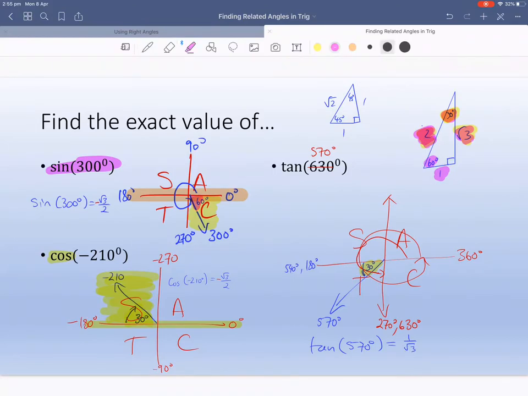Okay, so I made a few mistakes. 1 over root 3. Now, with the question we have to ask ourselves, is it positive or is it negative? Well, it's in the tan quadrant. So that means it's positive. So we go tan 570, and it should give you a positive answer.